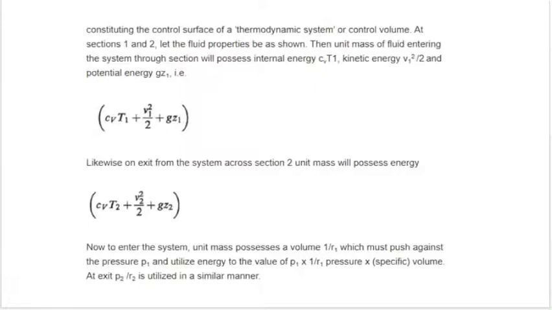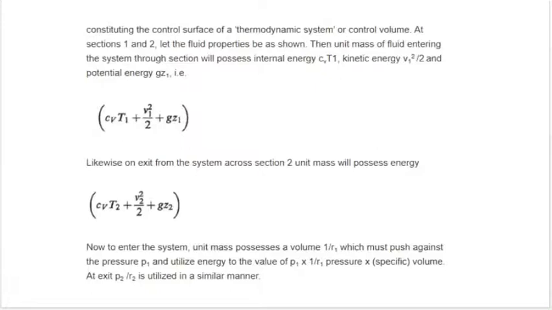So in place of m, we substitute 1, and we get v squared by 2. That is, here it is v1 squared by 2. And potential energy is g into z1, where g represents gravity and z1 the first datum. So the first expression is CvT1 plus v1 squared by 2 plus g z1.